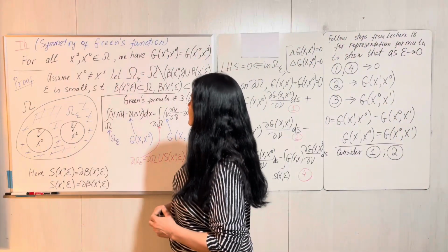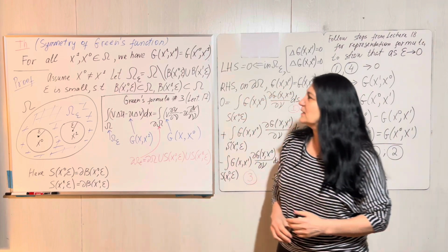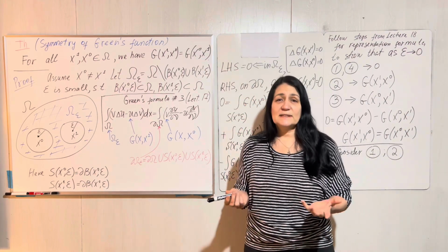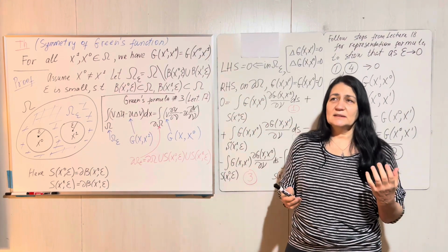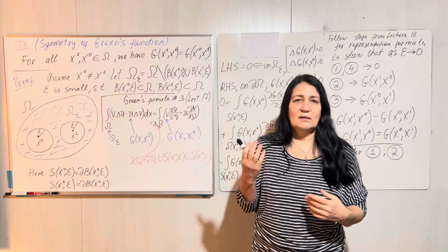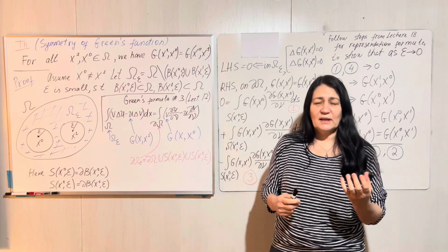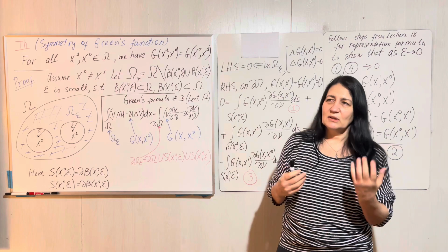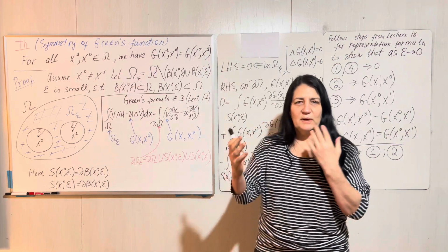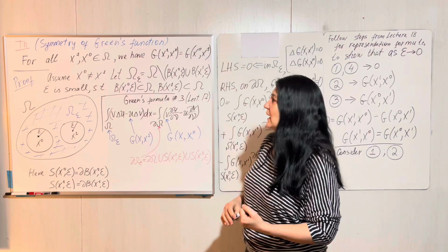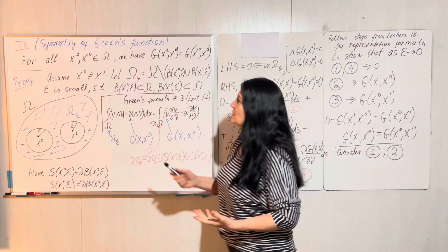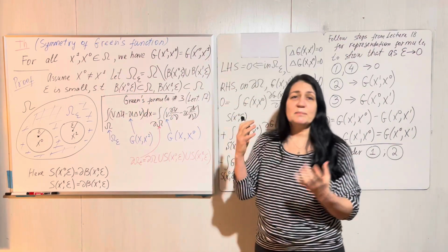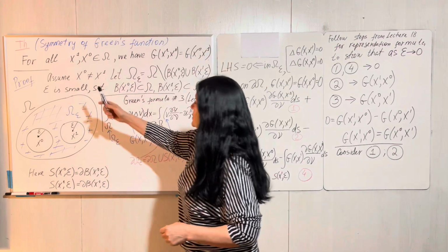Okay, so let's discuss the symmetry property of Green's function. We said that Green's function depends on two variables, variable x and variable x naught. It turns out that Green's function is symmetric with respect to these variables.